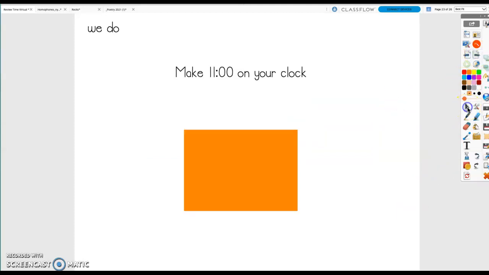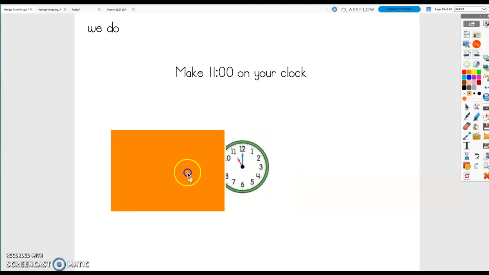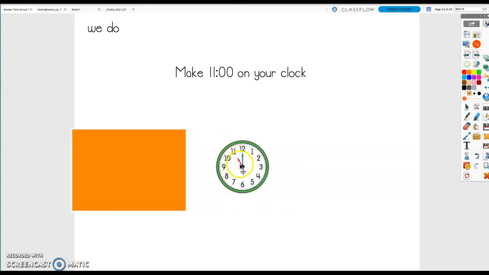Okay, more practice. I want you to now make 11 o'clock on your clock. Pause the video while you do this. So your clock should look like this. 11 o'clock. So the hour hand's directly at the 11, and then the minute hand is directly at the 12.